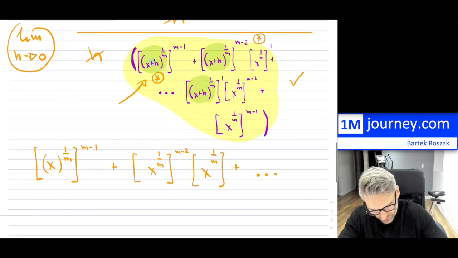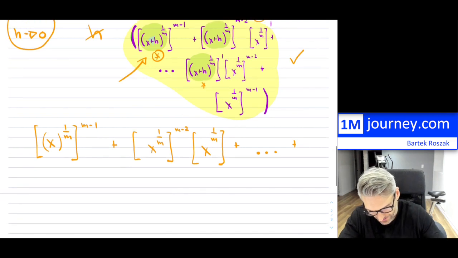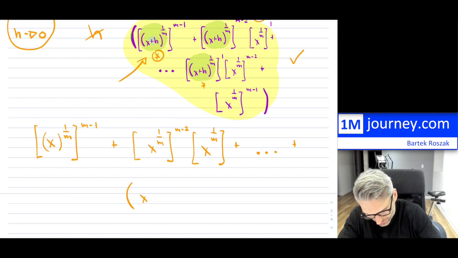All of these terms, even this one, would have been in here: x to the 1 over m to the 1, multiplied by x to the 1 over m to the m minus 2.